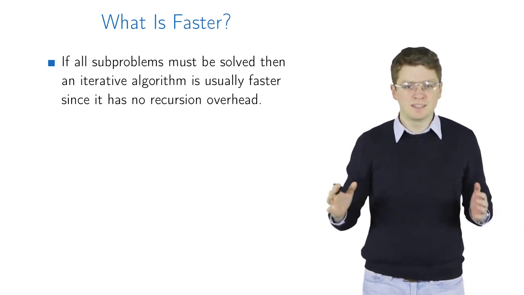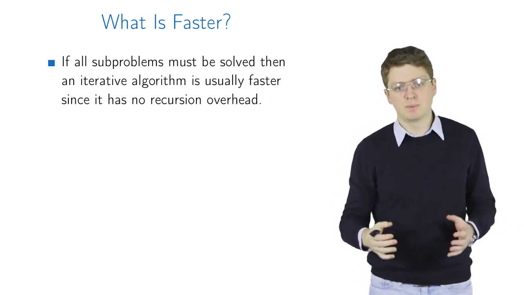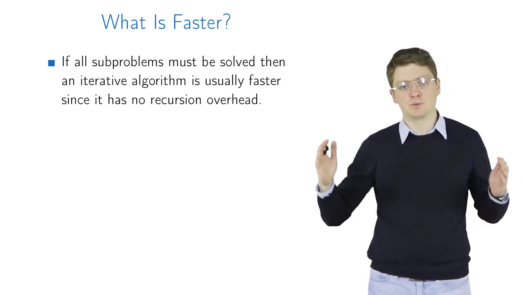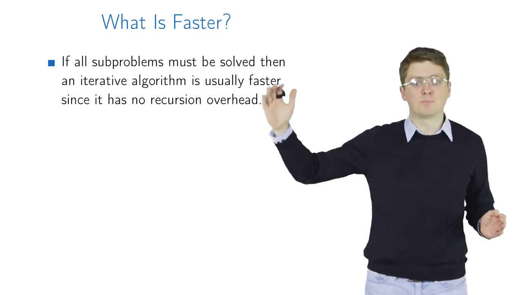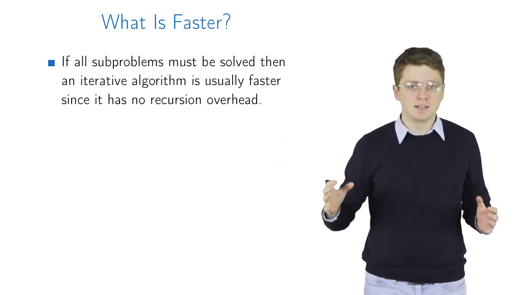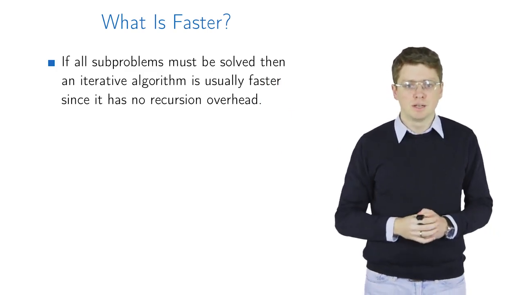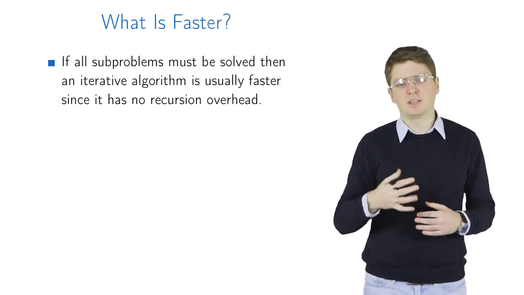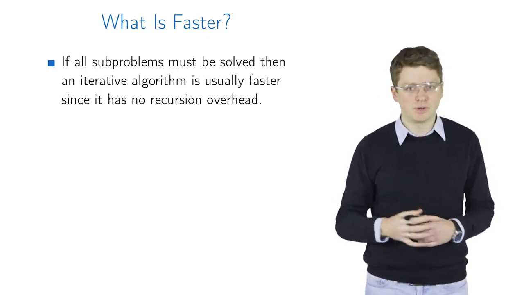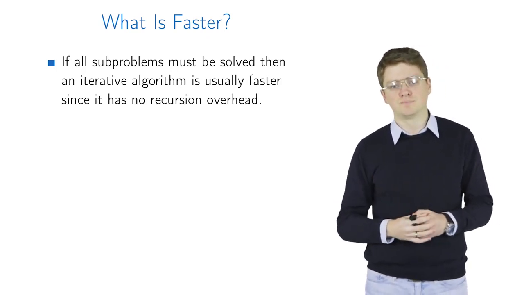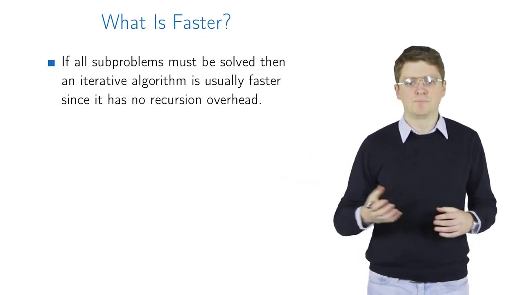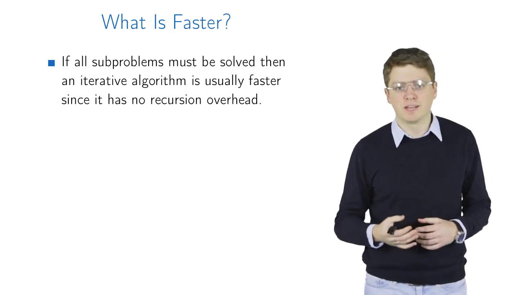So in some sense, an iterative algorithm and a recursive algorithm are doing the same job, especially if we need to solve the whole range of subproblems. However, a recursive algorithm might turn out to be slightly slower, because when making a recursive call, you also need to put the return address on the stack, for example. So a recursive algorithm has some overhead.